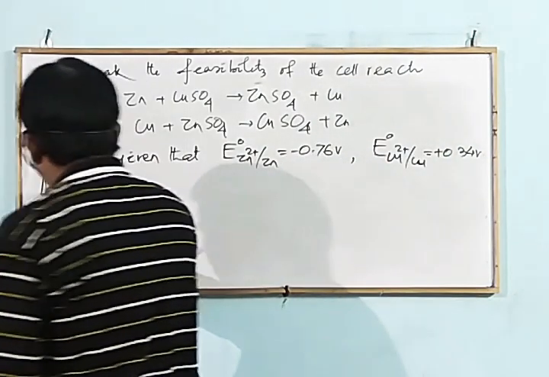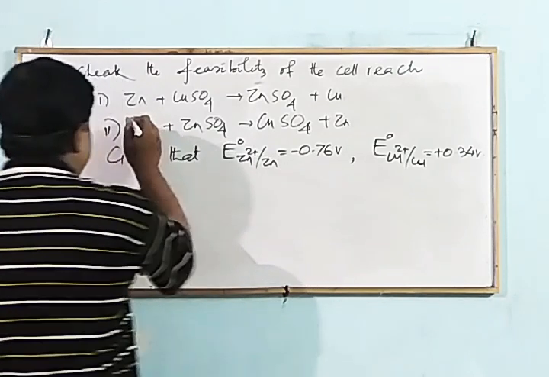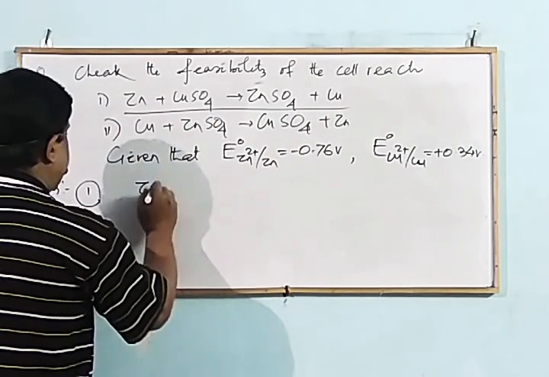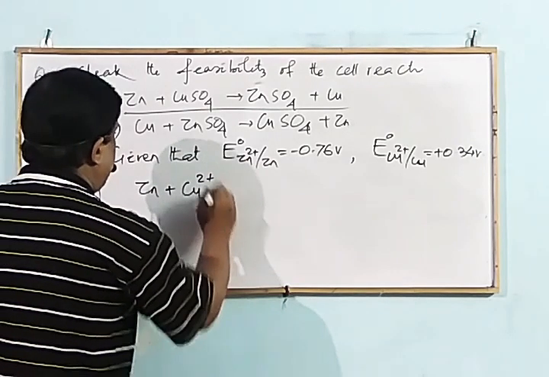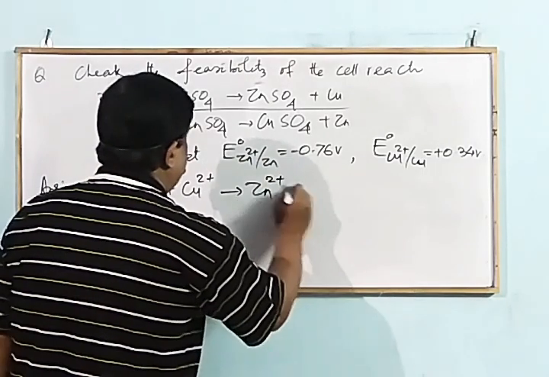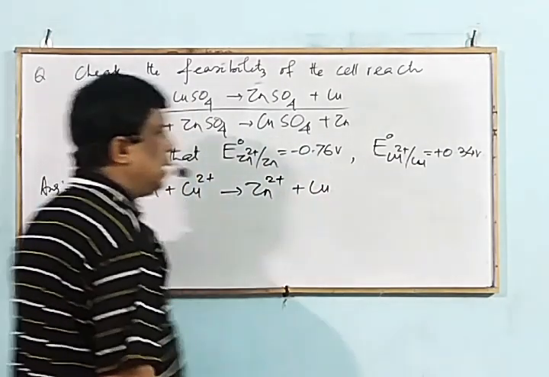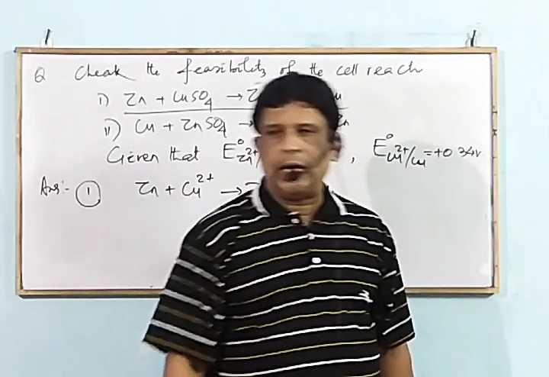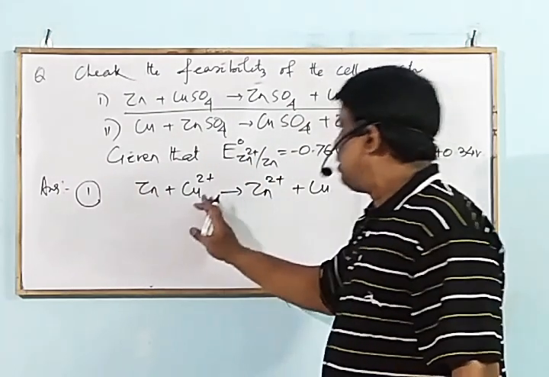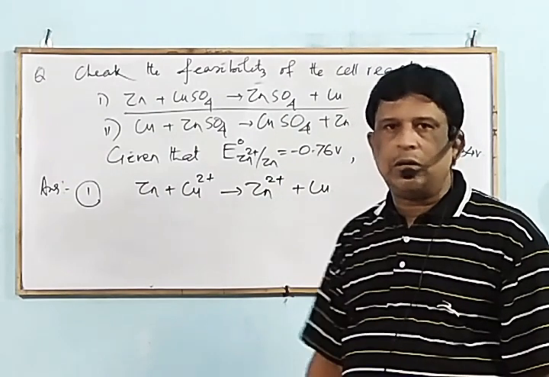If this is the cell reaction, we rewrite it: zinc plus copper ion give rise to zinc ion plus copper, cancelling the sulfate ion in both cases.